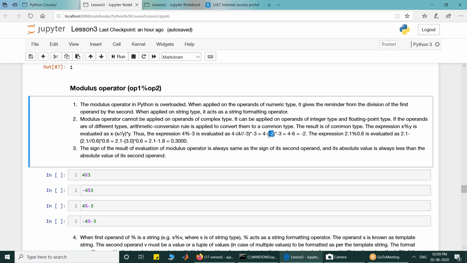This comes out to be minus 2. So this is 4 minus minus 2 into minus 3, that is 4 minus 6, which comes out to be minus 2. Similarly, this expression is computed. And the sign of the result of the modulus operator depends upon the sign of the second operand. Very important to know.